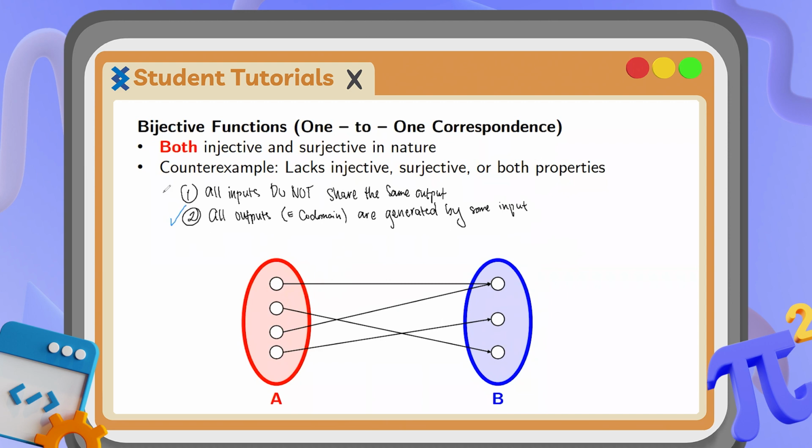However, this would not be injective because 2 inputs, this one and this one, map to the same output. And because of that, this one is not bijective.